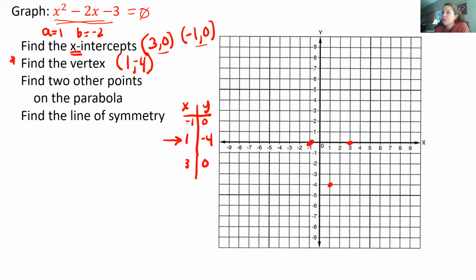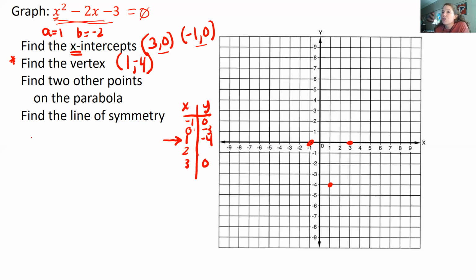So we want 2 points on both sides of our vertex. So obviously a 2 could go here and a 0 would go there. And since parabolas are symmetrical, we should get the same value for y because these two numbers, 0 and 2, are the same distance from the vertex. So if I plugged in 0, 0 squared is 0, minus 2 times 0 is 0. So if x is 0, y is -3.